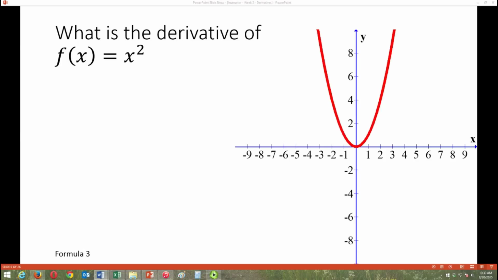Let's get into a slightly more complex function, f of x equals x squared. In this case, the derivative is f prime of x equals 2x. Notice how the derivative is not constant but has a variable in it. Why is this? Let's change screens and look at an online simulator.